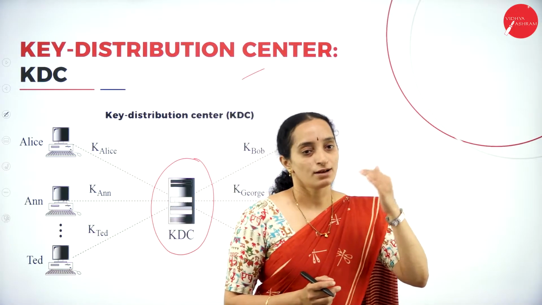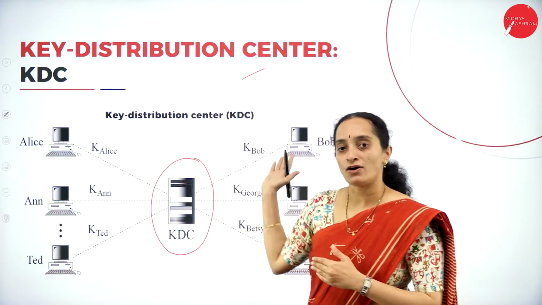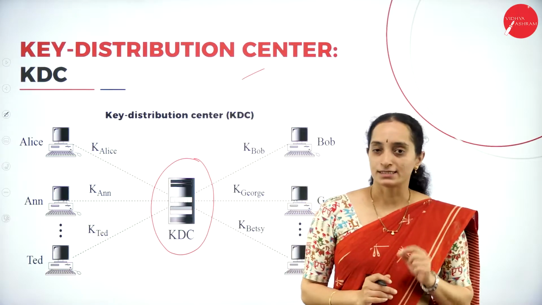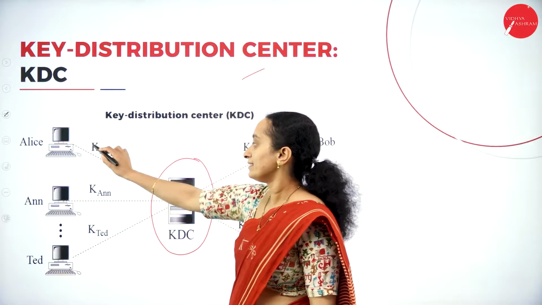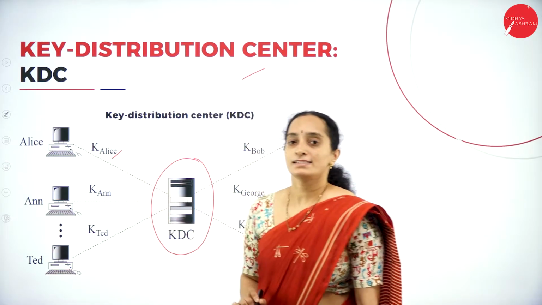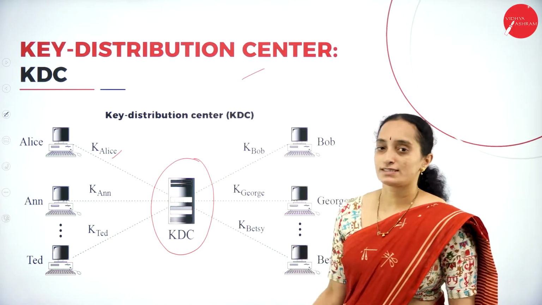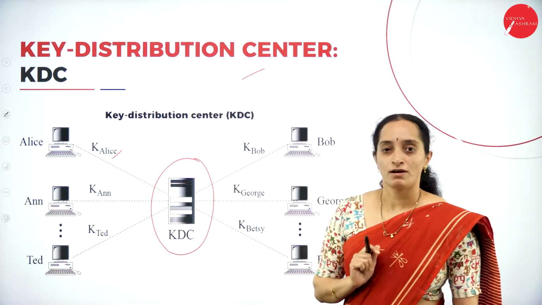So each member of the KDC, whether sender or receiver, will have a secret key. If Alice is the sender, the secret key is K of Alice. If the receiver is Bob, the secret key with Bob will be K of Bob.